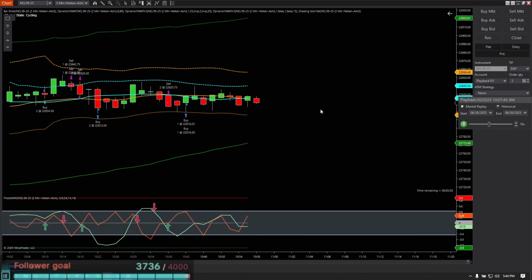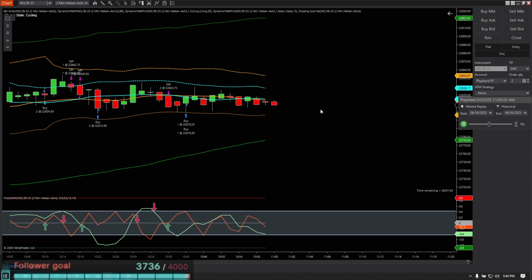And I'm going to show you something else that's really cool after I get out of here. And remember, guys, I'm taking a bunch of cowboy trades that I normally would not take on a day-to-day basis, okay? I'm just showing you guys how the tool works, and you guys can fine-tune this to your liking. But I'm going to show you a couple of other things that kind of bring it full circle when I'm done with this.